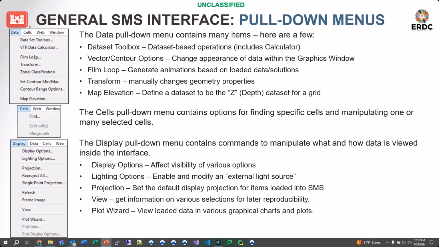You can work with the data in a lot of different ways. You can find specific cells. You can change your display options, which some of the ones that I'll be showing may be different than the default. And so you would change these display options to make things look similar or to have it in a way that looks right to you and you're comfortable with.